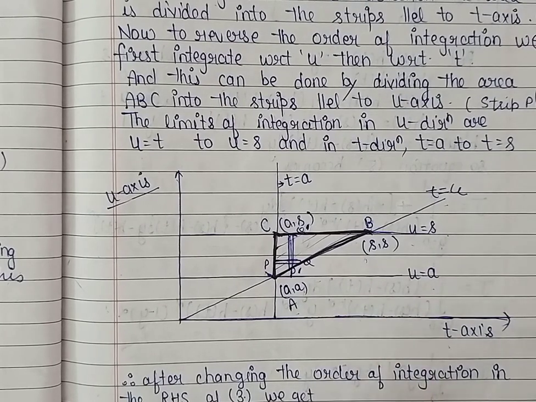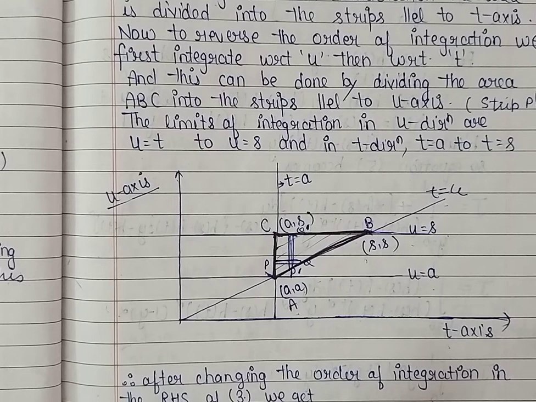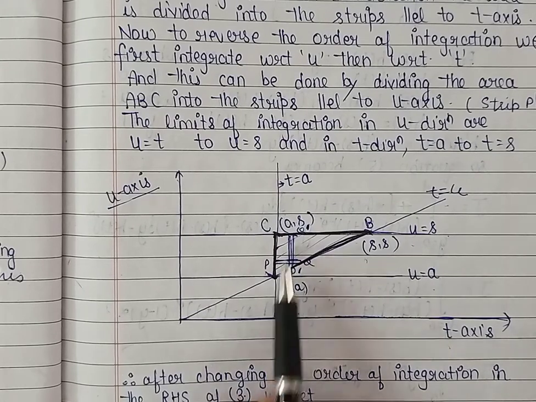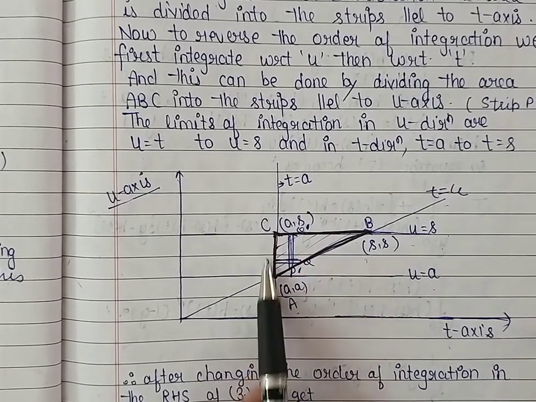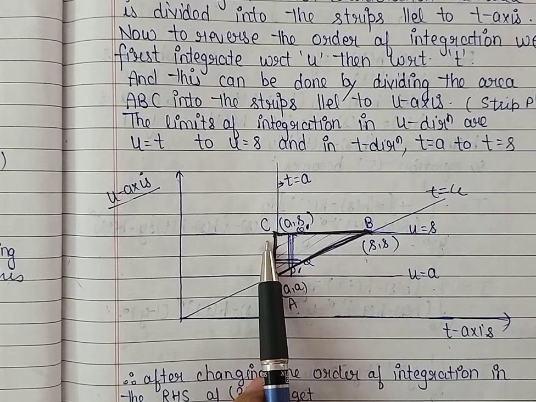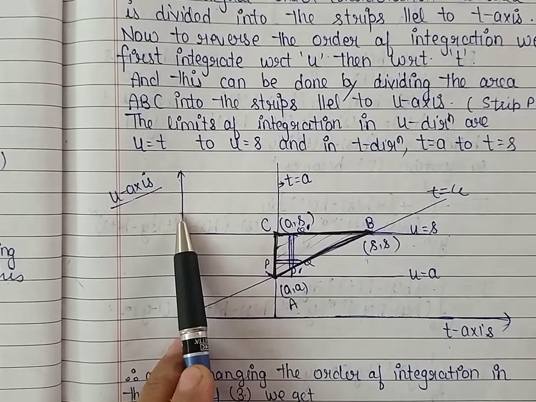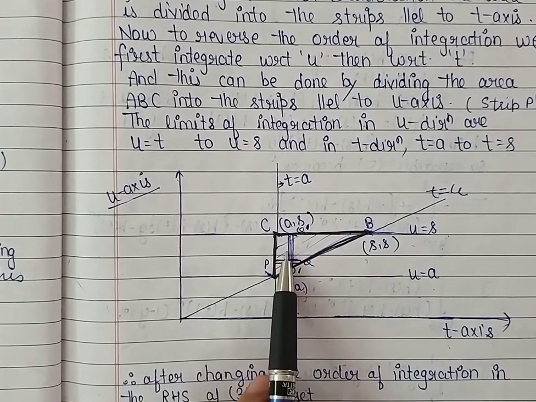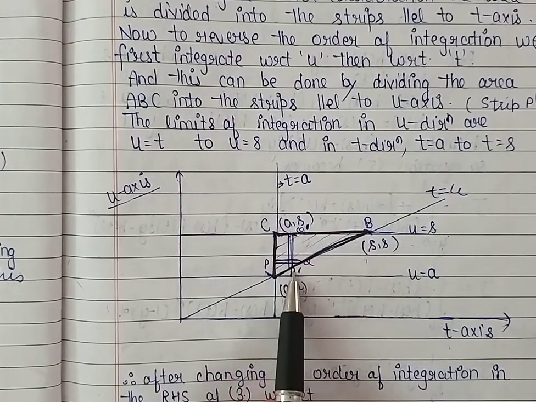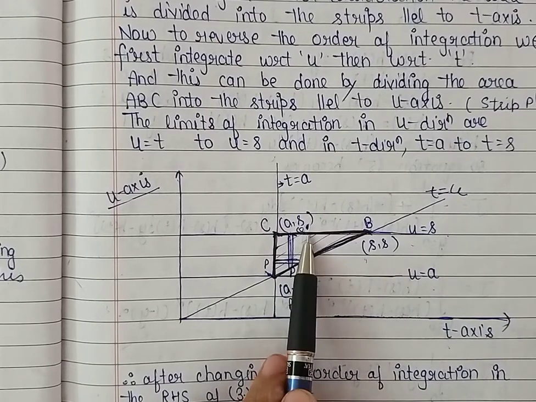So first we integrate with respect to u and then with respect to t. So in order to reverse the order of integration, we will divide this area of triangle ABC into vertical strips, meaning the strips which are parallel to the u axis. One such strip we have shown here. This is the strip P'Q'.